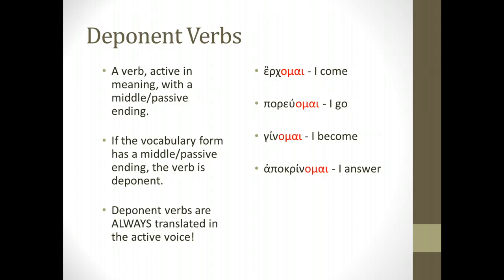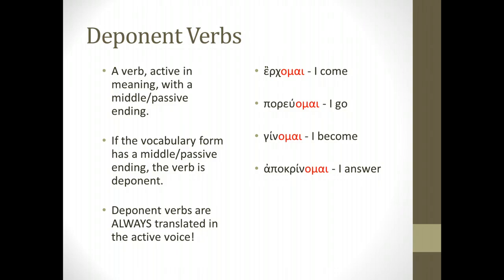Poreuomai is I go. All right, and that would never be I go for myself. That might make sense, but I am being going, it doesn't really make a lot of sense in English, so you just translate it actively, I go. Same with ginomai, it would be I become. Or apokrinomai, although you could say I answer for myself, you would not say I am being answered. Okay?